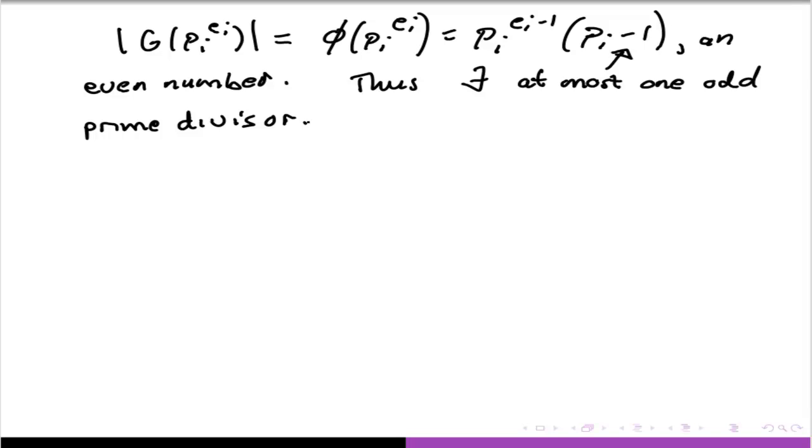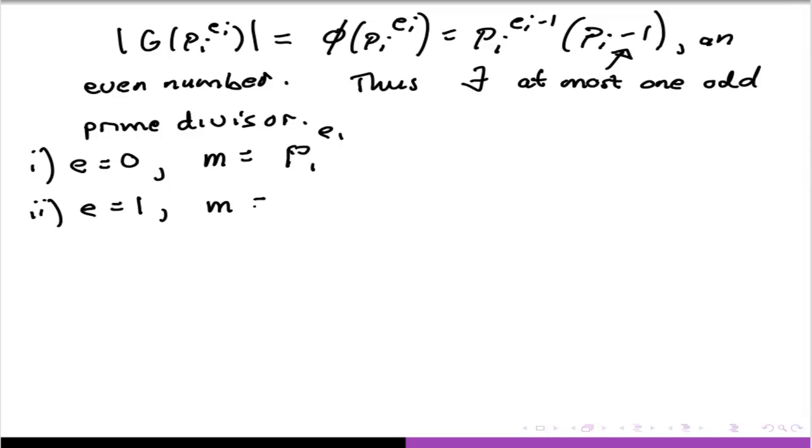So then, we have different cases. Case 1, E equals 0, and the modulus would then be a single prime factor, so p1 to the e1. Case 2, E equals 1, so that means you'd have a 2, and then at most a single prime factor, like that.